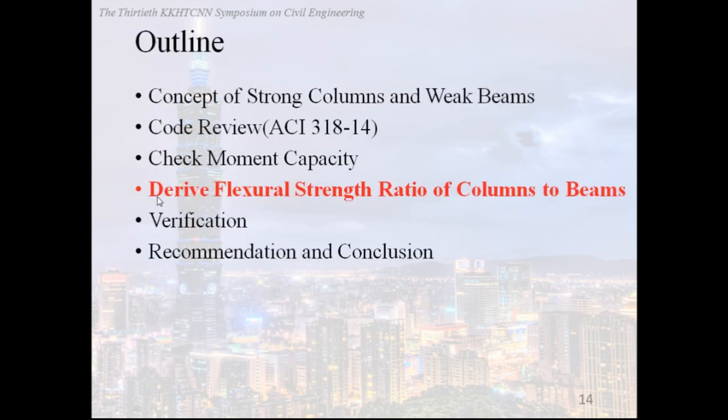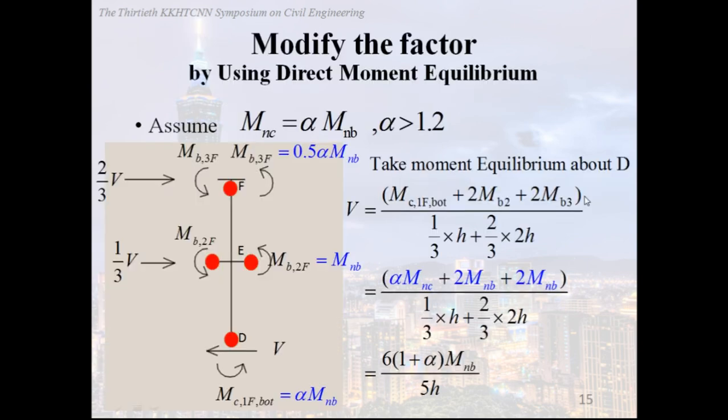Fourthly, we will derive factual stress ratio of columns to beams. Modify the factor, and here we carry out the same analysis, and we assume this equation to satisfy the code.